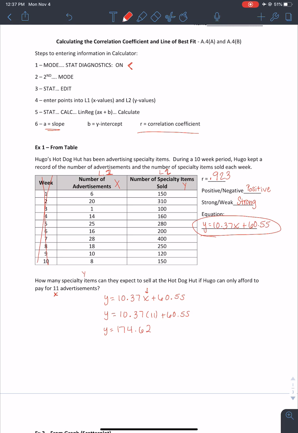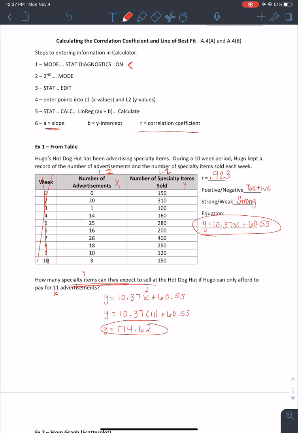Our question wants to know how many items they can sell. Well, he's not going to sell 0.62 of an item, so we're going to estimate that Hugo would expect to sell 174 items.